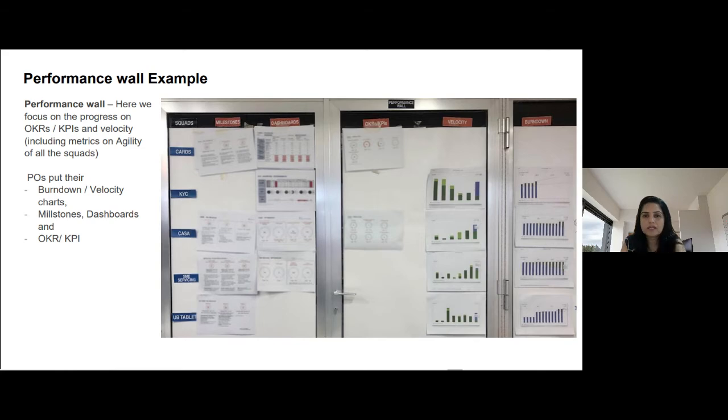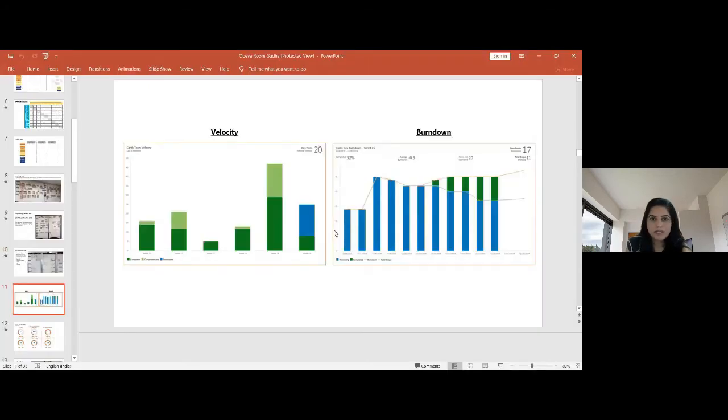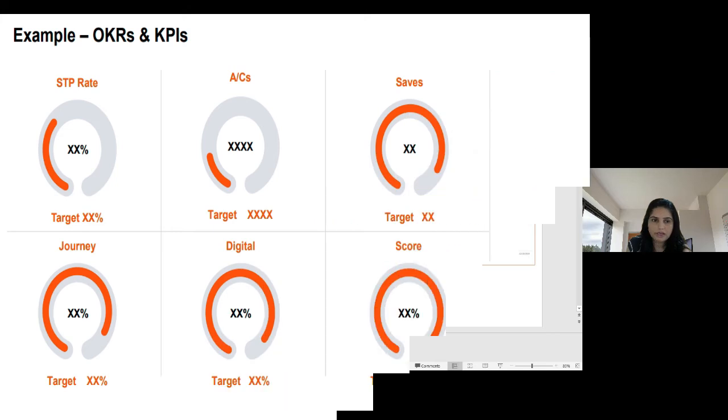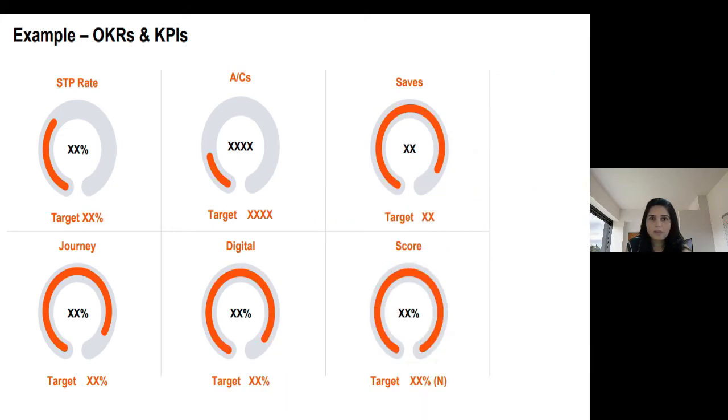And then the OKRs, how much you achieved, what was the target and how much you achieved. I'll show you the example as well. And then OKRs here, and then velocity and burn down, which you put there. And this is the example of OKRs.